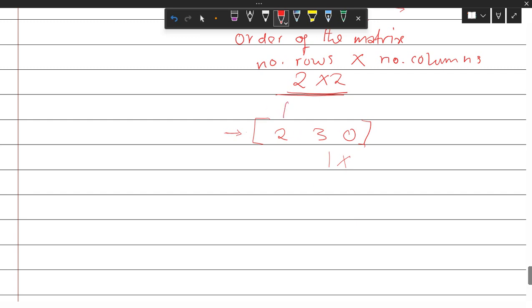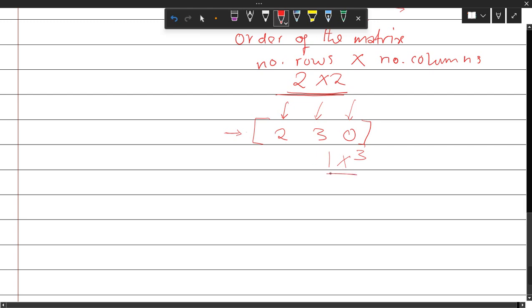This is column 1, column 2, and column 3. So this is a 1 by 3 matrix. This is the size of the matrix. Then you can also have a matrix 0, 1, negative 1, 2, like this. Then they ask you what's the size, or the order, of this matrix.